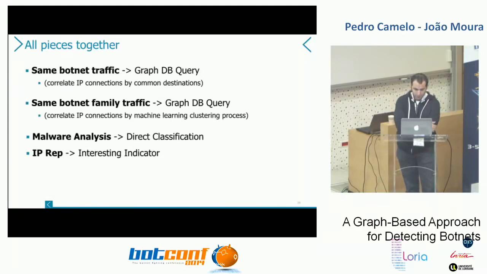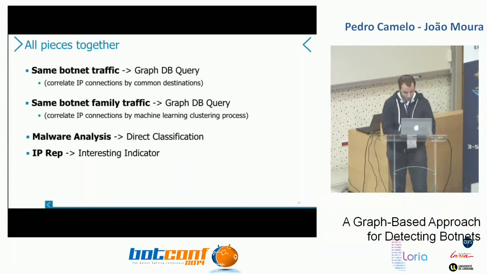If we want the same botnet traffic, we only correlate information from common destinations. If we want the same botnet family traffic, we correlate IP connections by a machine learning clustering process. We can also do direct classification by malware analysis and IP reputation. It's an interesting indicator too. So, demo time.